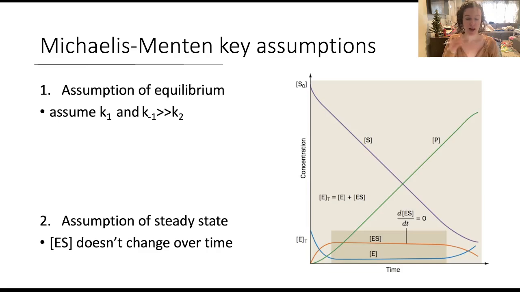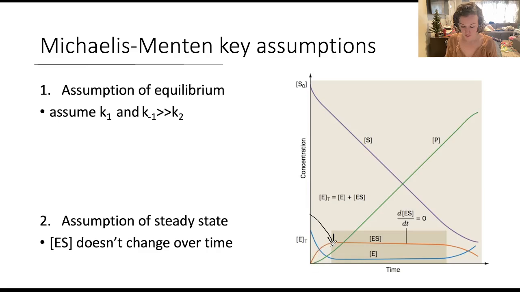If K1 and K minus 1 are equal to one another, that means that the amount of enzyme substrate complex should stop changing. Where on this graph have we reached that point? Well, it looks like here, folks, we have achieved equilibrium, right?